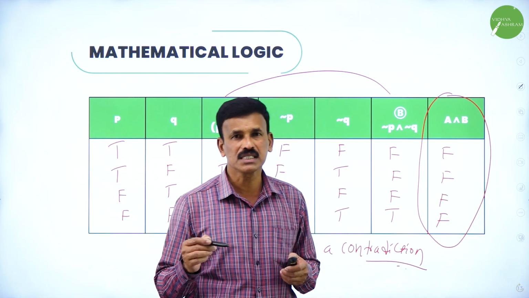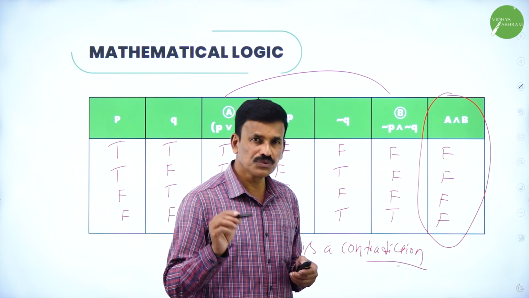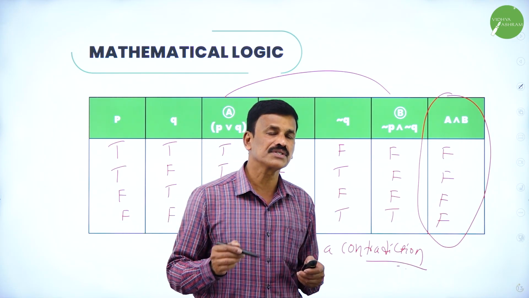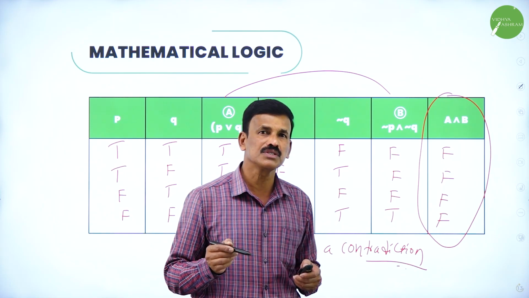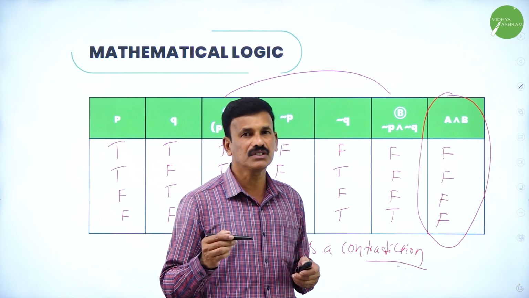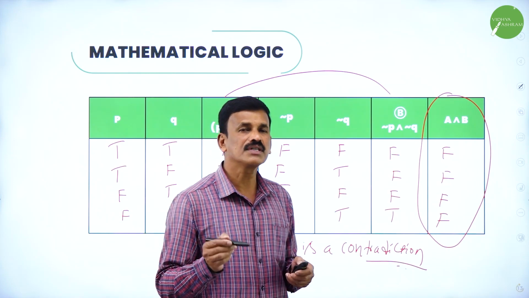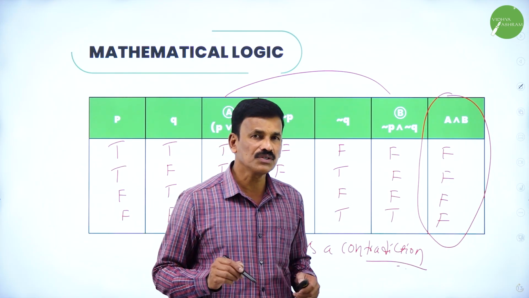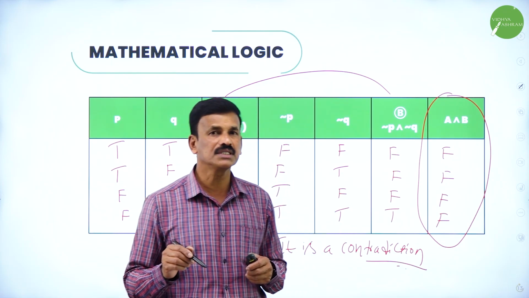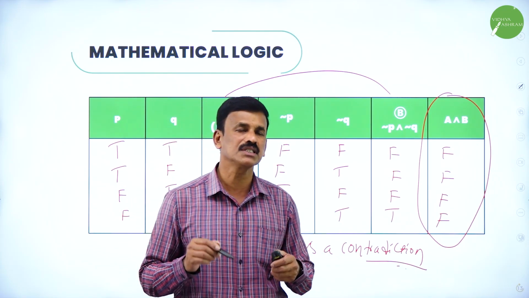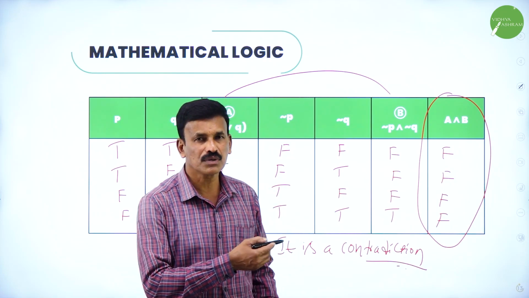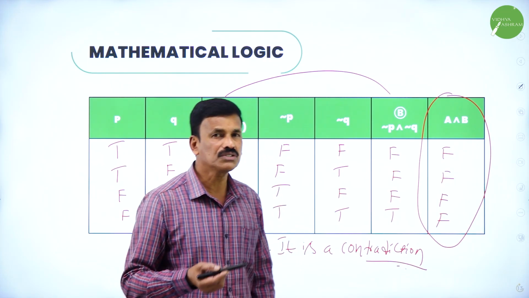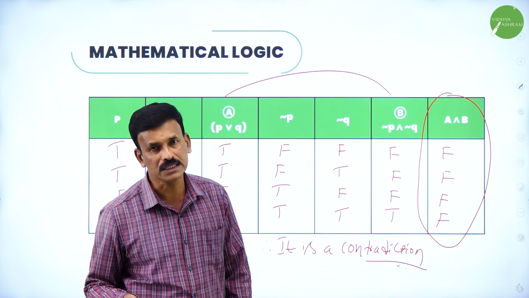For a biconditional statement, true and true is true, false and false is also true, true and false is false, false and true is false. And for negation, if it is true you get false, and for false it is true. Once you know the construction of the truth table for these, you can solve any problems related to tautology, contradiction or logical equivalence.